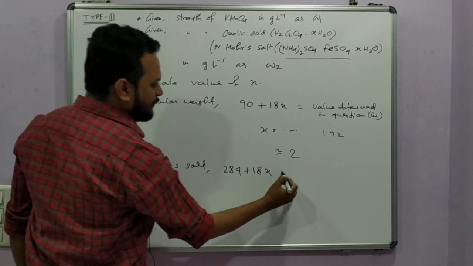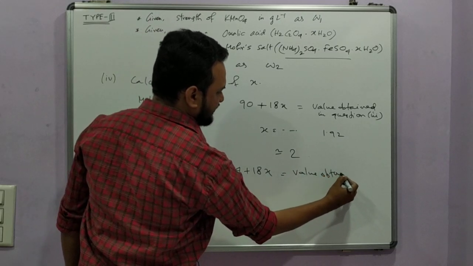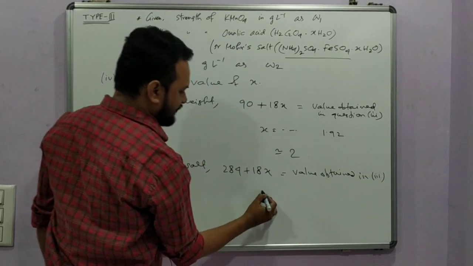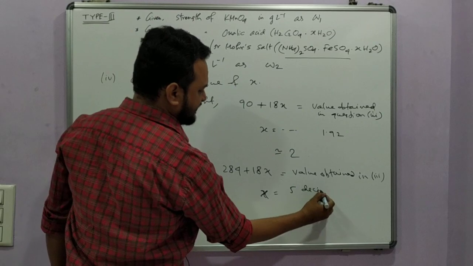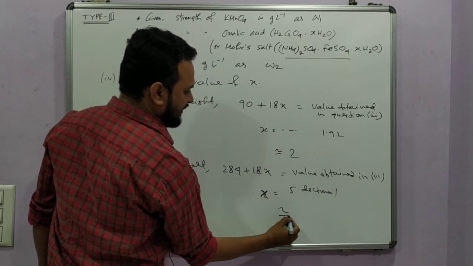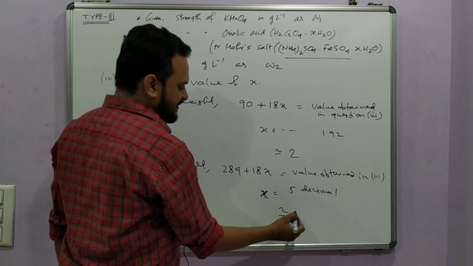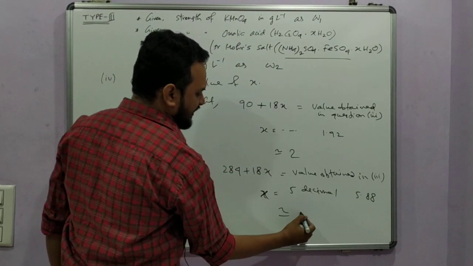So 284 plus 18X will be equal to the value obtained in 3, and from there you calculate X up to 5 decimal places and then the nearest whole number. Suppose it is coming 5.88, so you will write it as 6.